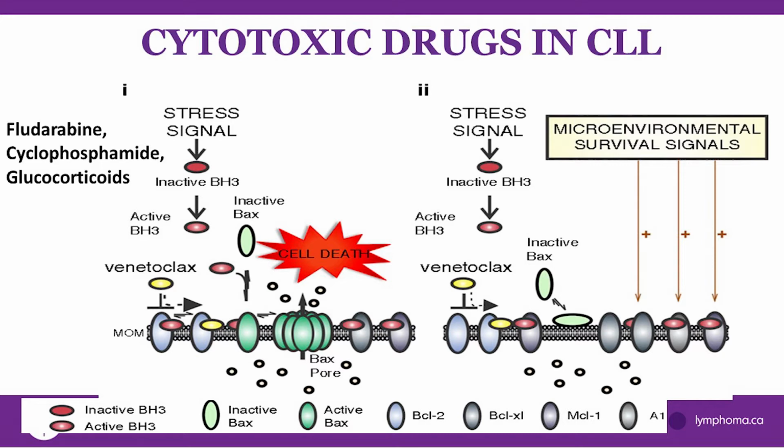And so, as I said, what drugs like fludarabine and cyclophosphamide do, and even what glucocorticoids do, is they activate proteins called BH3 proteins. And what these do is then activate two proteins called BAX and BAK. What BAX and BAK do when they're activated is they go into the membrane of a mitochondria, the powerhouse of a cell where energy is generated, and they poke holes in that membrane.